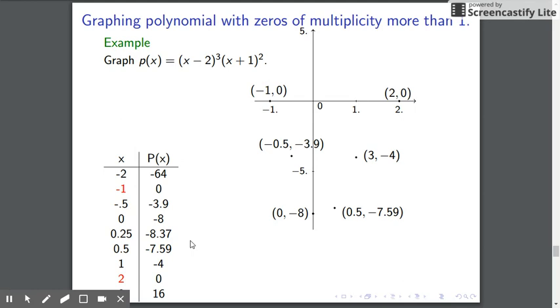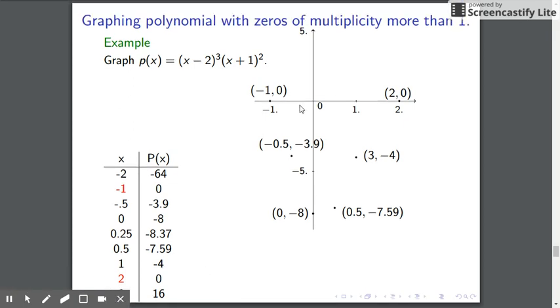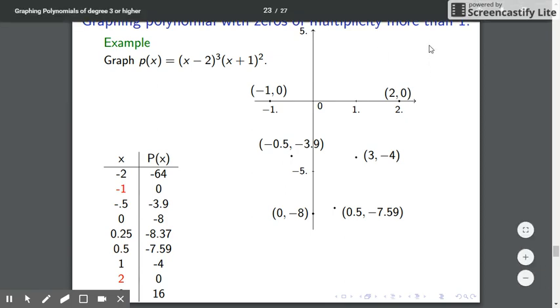And then again, the 3 and 16 down here is not shown in here. The only thing that -2 and -64 is telling me is that this end behavior is toward negative infinity, and the other side end behavior is by 3 and it goes to positive infinity.